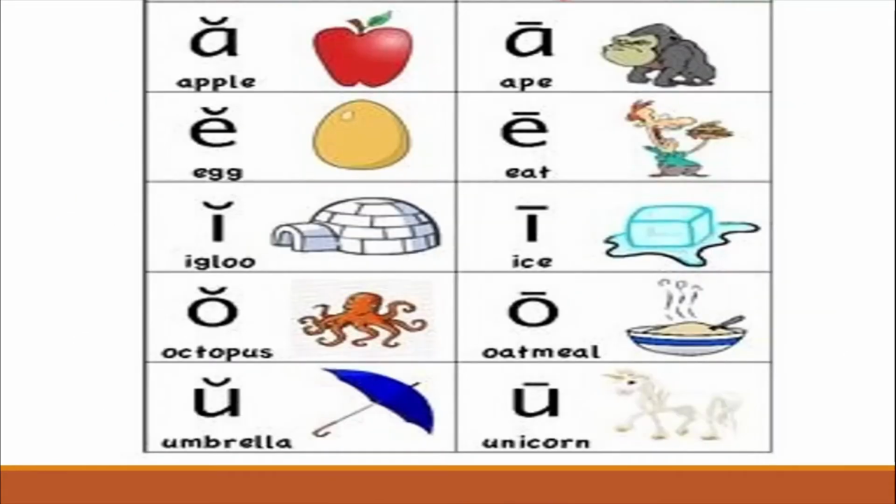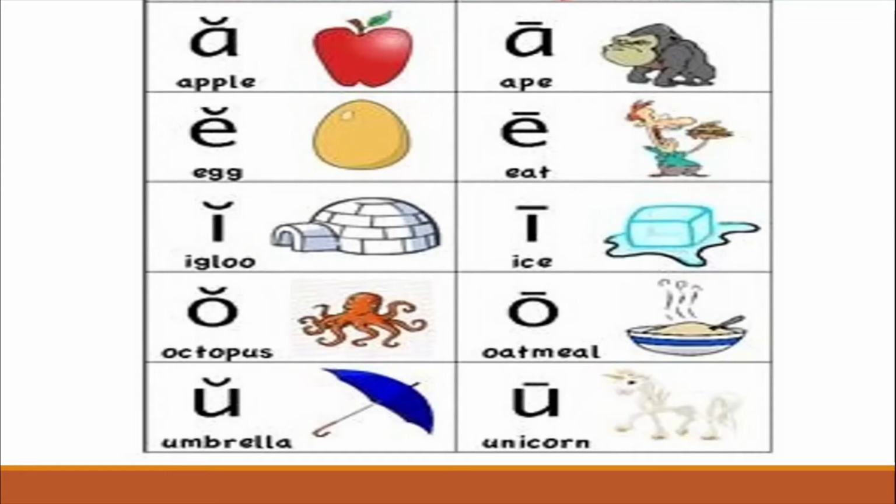See, the vowel is A, but you can have 2 or more than 2 different sounds with A. I will not go into all the vowel sounds, just as an example you will understand. So sometimes the same vowel can have different sounds. For example, see, in apple we say the short A sound, whereas in ape we say the long A sound.